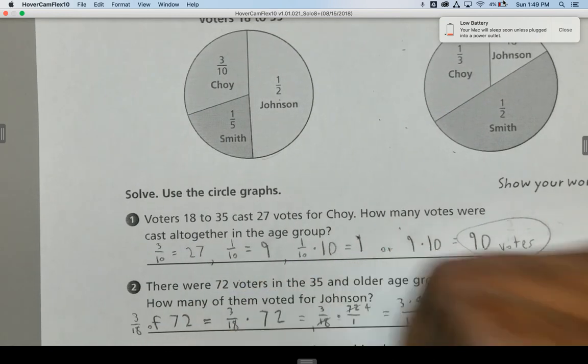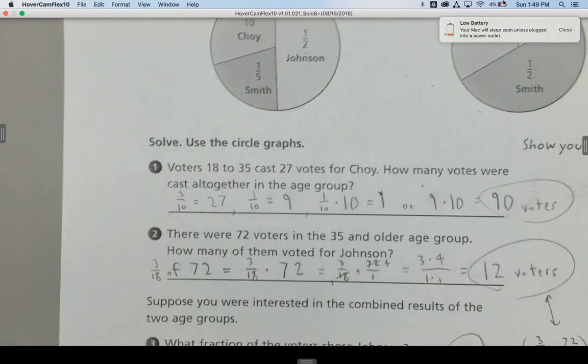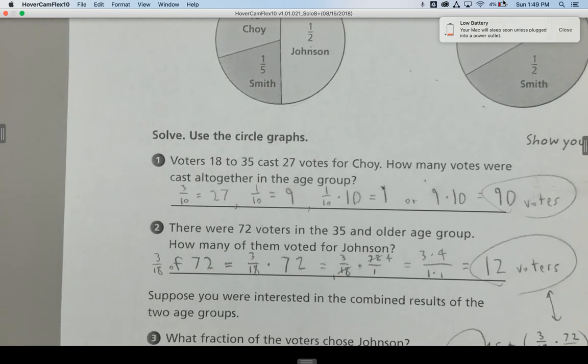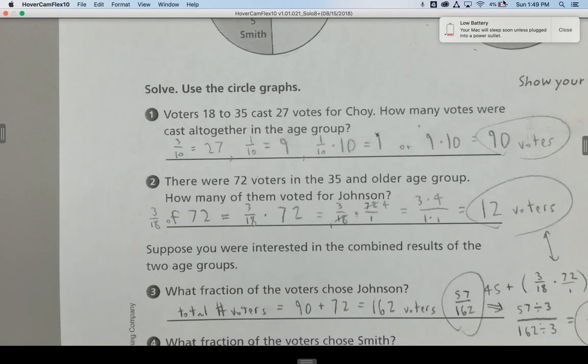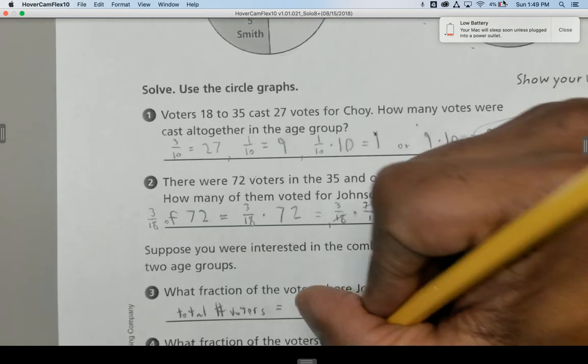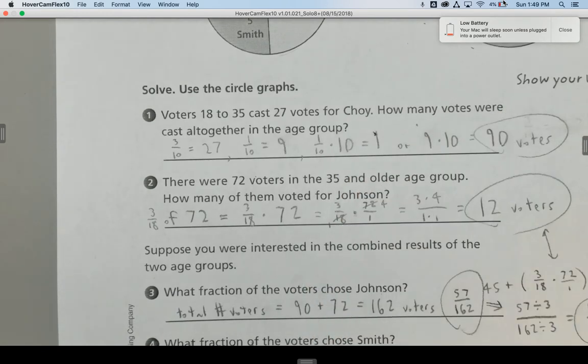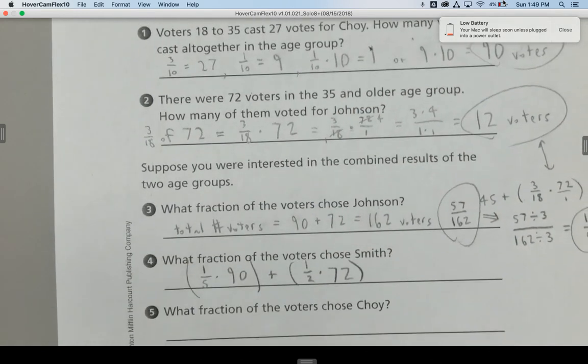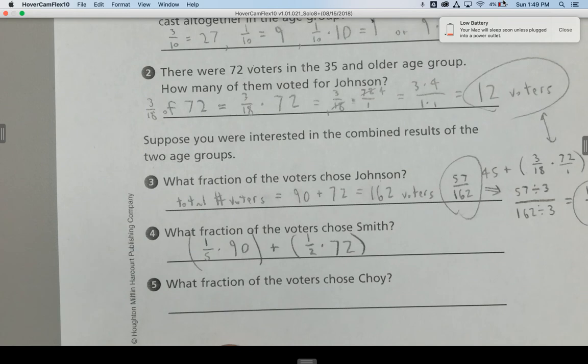And then of the older voters, Smith got half the vote. So it said there were 72 voters in the older crowd. I've set it up like this: 1/5 multiplied by 90 plus 1/2 multiplied by 72.